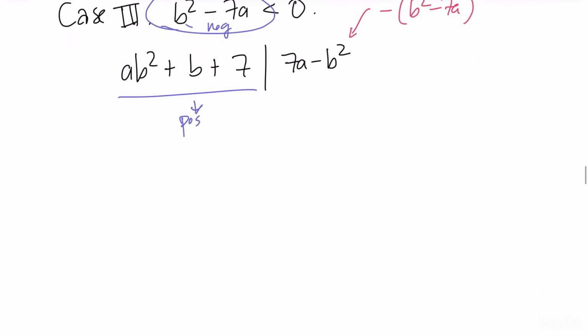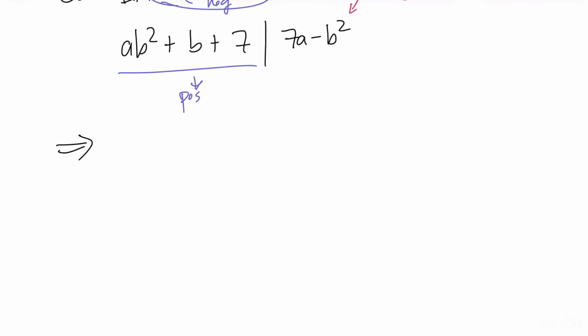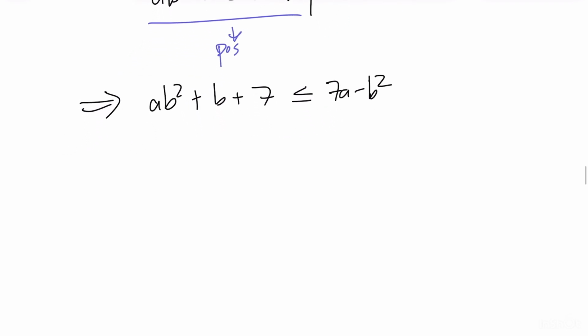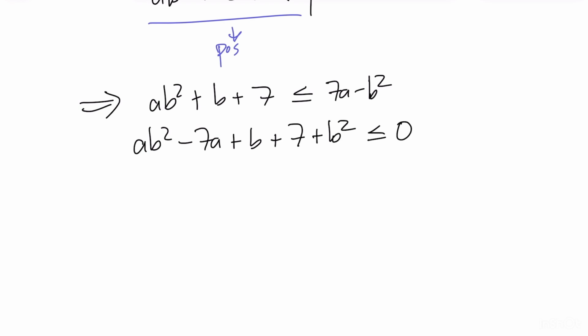So this implies that ab squared plus b plus 7 must also be less than or equal to 7a minus b squared. So it's similar to case number 1, and we put everything to the left hand side. So ab squared minus 7a plus b plus 7 plus b squared, which is less than or equal to 0.